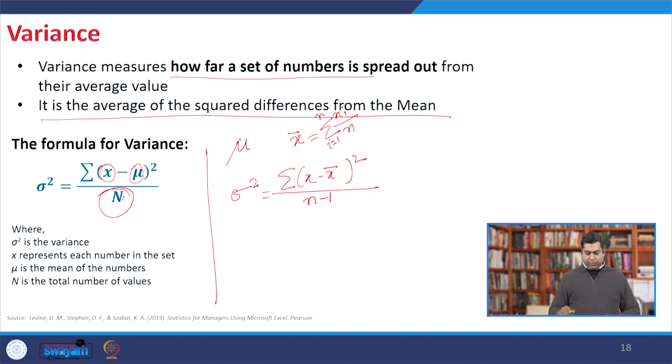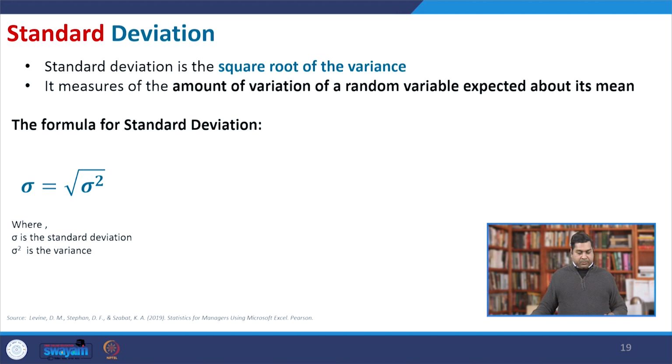Here n is the population in the target population, and here it is the sample. When it is an entire population, n minus 1 is almost a huge number, so it is equivalent to n. That is the only difference between the denominator used for the sample variance calculation and the population variance calculation.